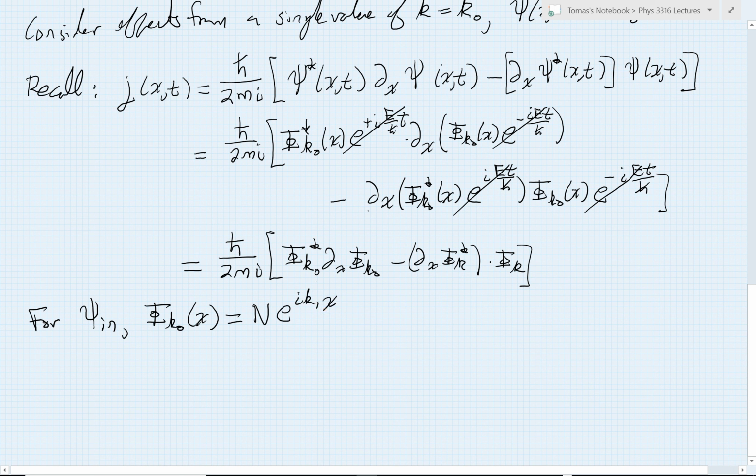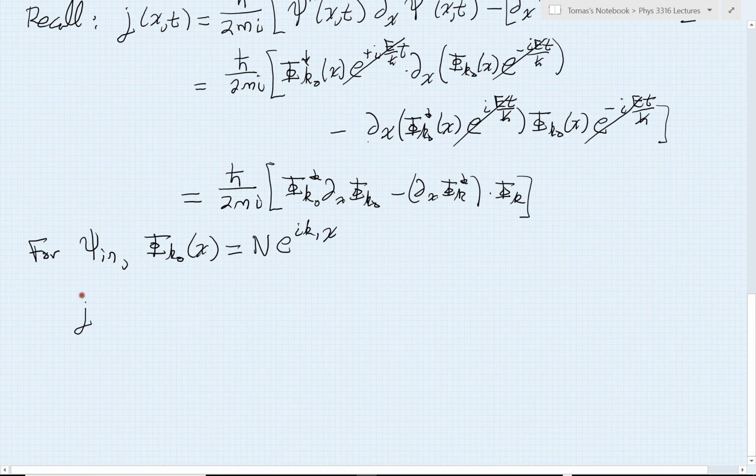And my job now is to calculate the current density associated with a term like that. So let's see. The incoming current then would take on the following value. There'll be h bar on 2mi times, once again, I have to take the complex conjugate of my wave function. That's N star. And then, of course, I have to flip the sign on the i k1 x. That multiplies the x derivative of this wave function. So d by dx of N times e to the i k1 x.